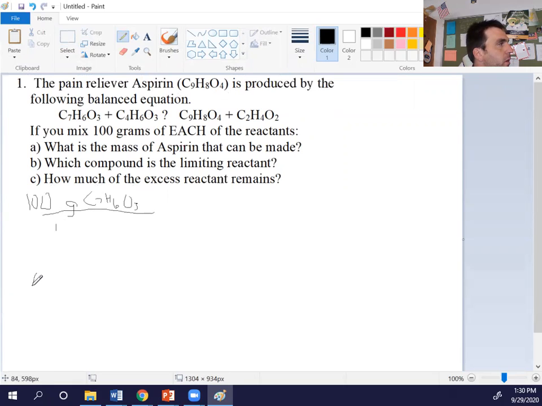And then I'm going to have another one, 100 grams C4H6O3 over 1. Actually, let me put that a little bit higher up so I'm going to use this whole page.